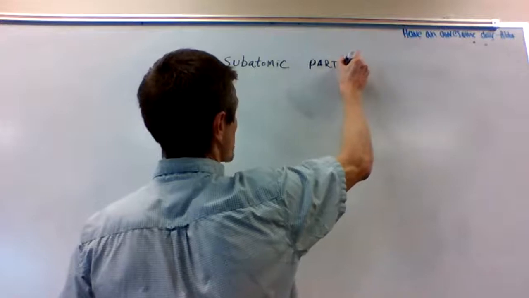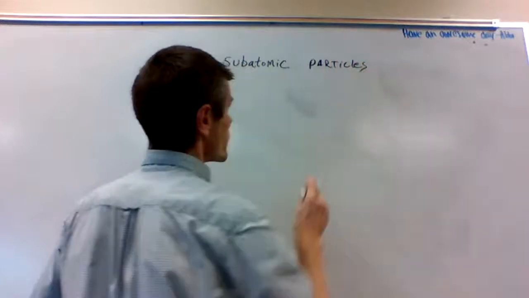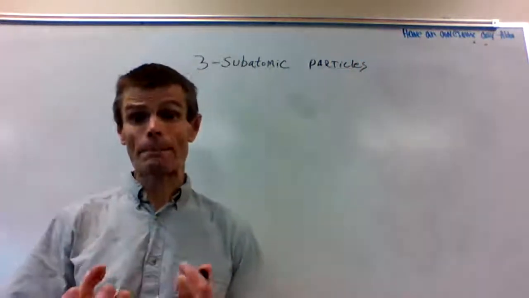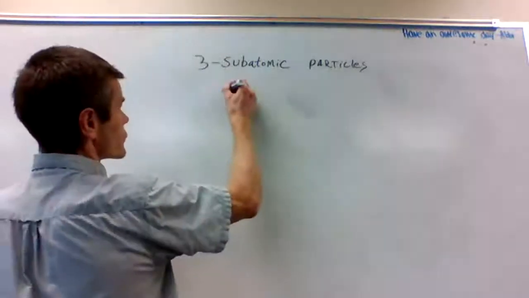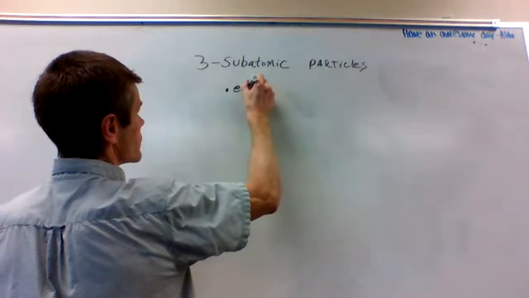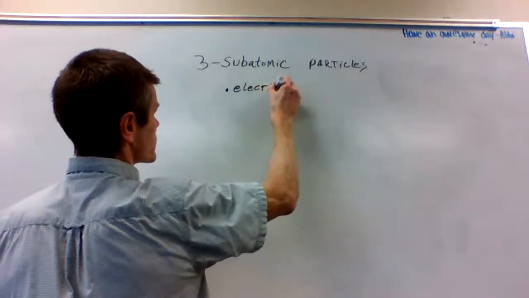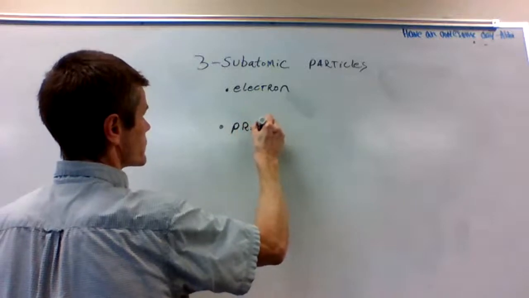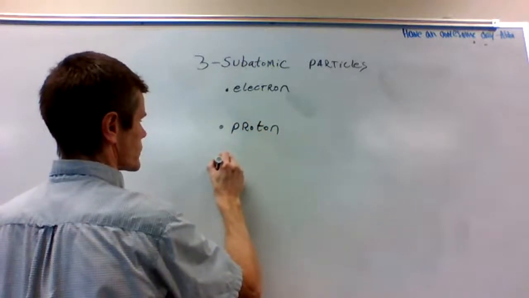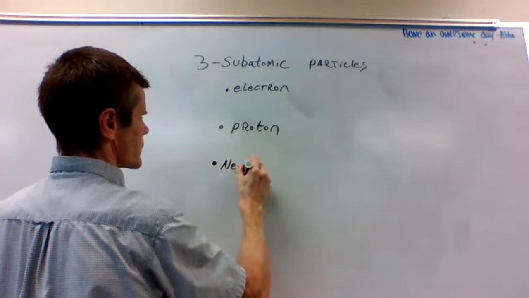And when I say subatomic particles, these are the particles that make up an atom. And there are 3 of them that we're going to be discussing. These include the electron, the proton, and the neutron.